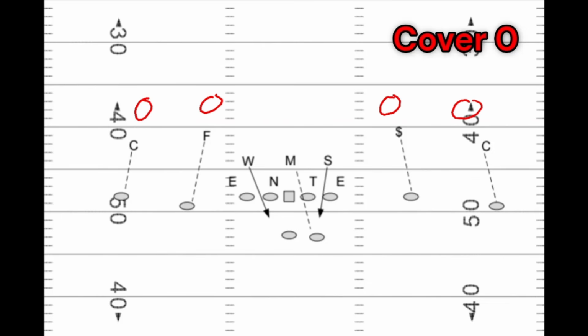They're all lined up off the ball. They're playing catch technique because they don't have any help over the top, so they have to respect the deep speed, all right? There's no apex defender lined up here. So there's no one underneath. That's your first tell of it being cover zero.